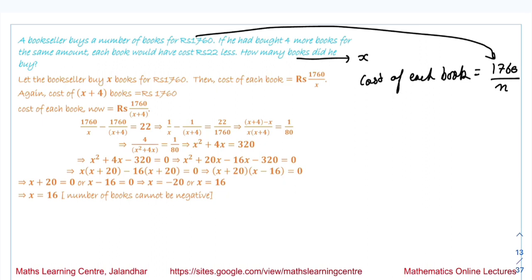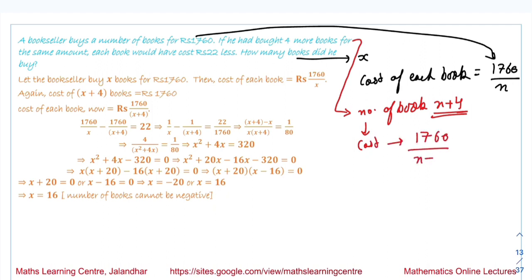Now the next thing that is given to us is, if he had bought 4 more books for the same amount. So now the number of books is x plus 4. So the cost is 1760 over x plus 4.